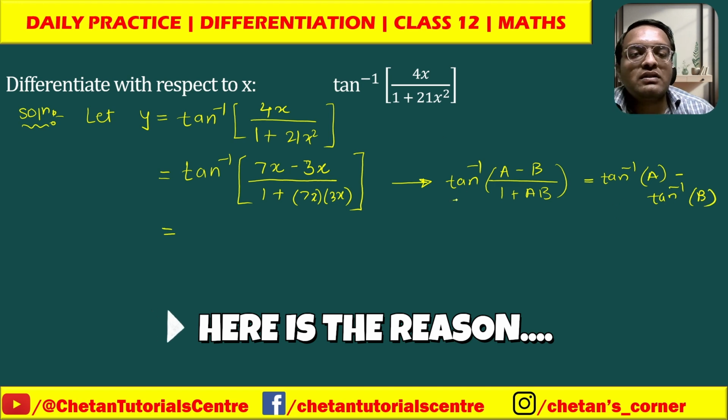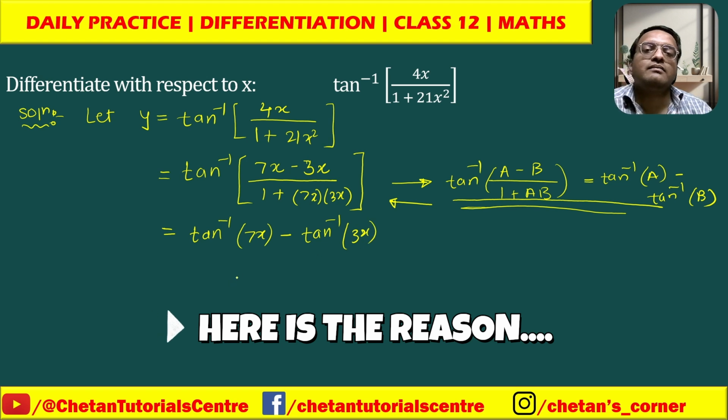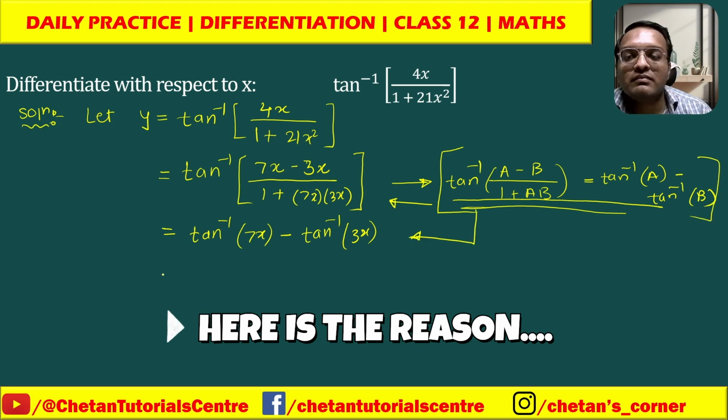So we have to use this formula for this step, so that we will get tan inverse of 7x minus tan inverse of 3x. Using this formula we have obtained this new step, which is the simplified form of the given equation. Therefore y is equal to this entire step.